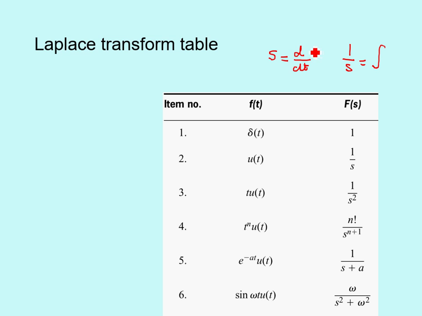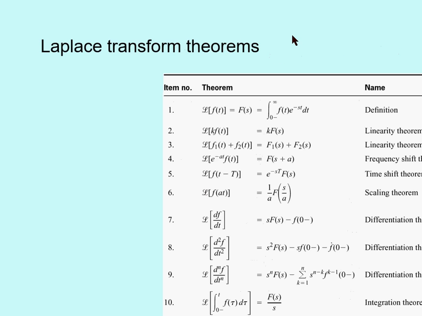These are the two most important, because you've got to remember, your book has a table of all these transformations that you will find, but it's not as important as those two that I told you.